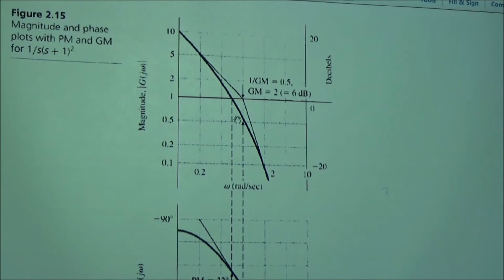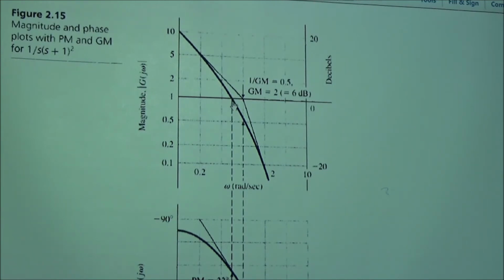Now, in order for you to find the gain margin, you go to the magnitude plot, you find out at what point it's going to hit the 0 dB or the magnitude 1 line. Remember, log of 1 is equal to 0, okay? This is logarithmic scale here.